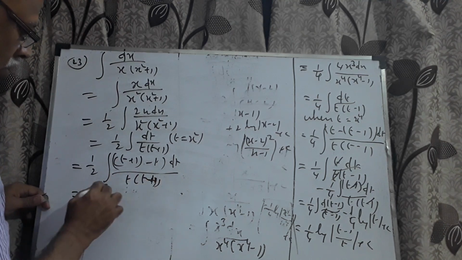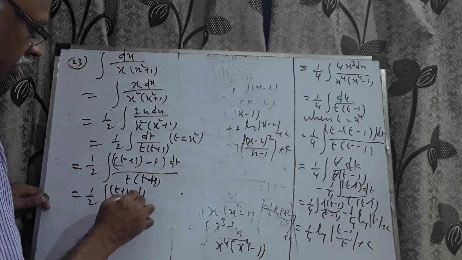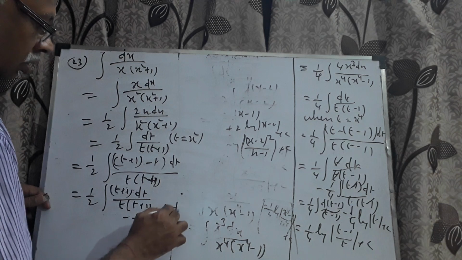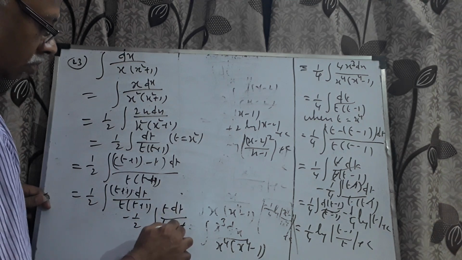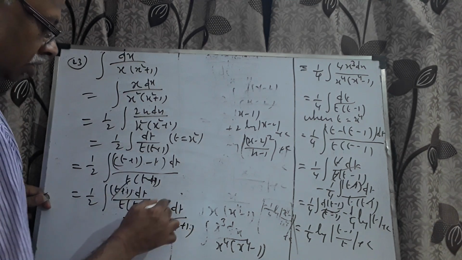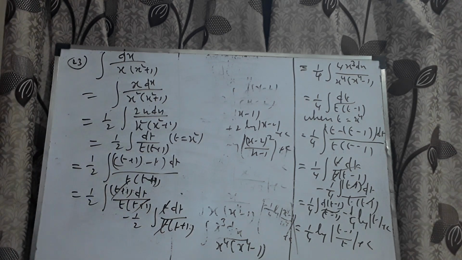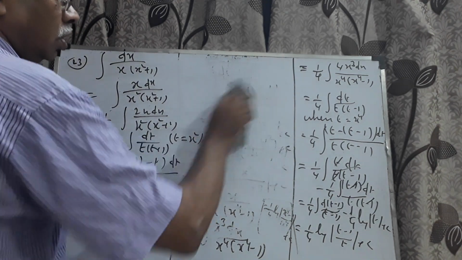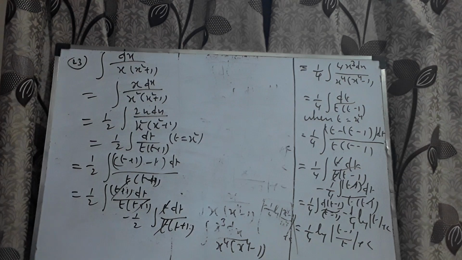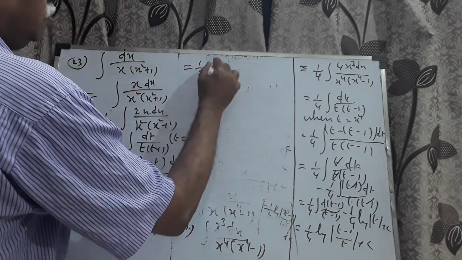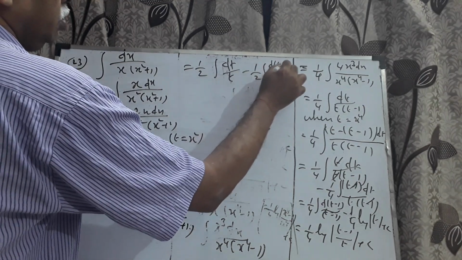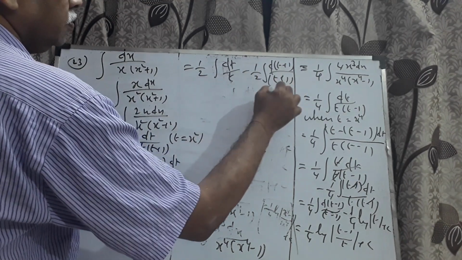This is reduced to half integral (t plus 1) dt by t into (t plus 1) minus half integral t dt by t into (t plus 1). Here t plus 1 gets cancelled, here t gets cancelled. Therefore, finally it gets reduced to half integral dt by t minus half integral d of (t plus 1) by (t plus 1) plus c.